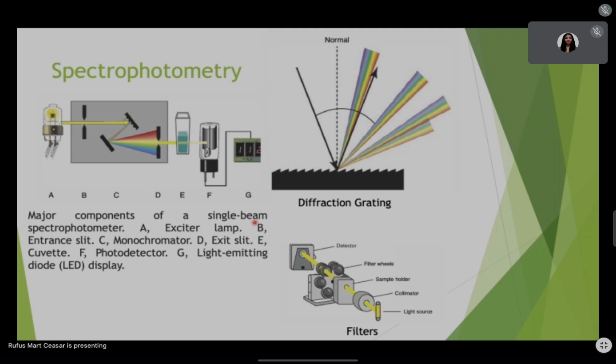Kasi ini-increase na yung lifetime ng filament pag meron tayong low pressure na iodine or bromine vapor dun sa lamp. So incandescent lamps na merong tungsten filament, isa siyang light source. So dahil yung tungsten lamp, hindi siya nagsusupply ng sufficient radiant energy below 320 or below 350 nanometers, ay hydrogen or deuterium lamps ay ginagamit for measurements sa UV region.